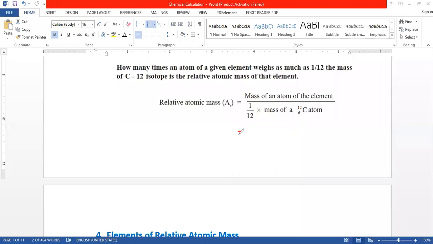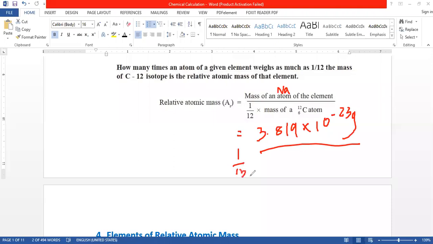Okay. So if I use the mass of one atom of sodium, 3.819 into 10 to the power minus 23 gram, over 1 over 12 into the mass of one carbon atom. What is that mass? You know that: 1.993 into 10 to the power minus 23 gram.